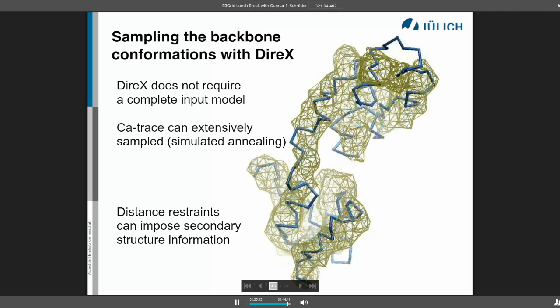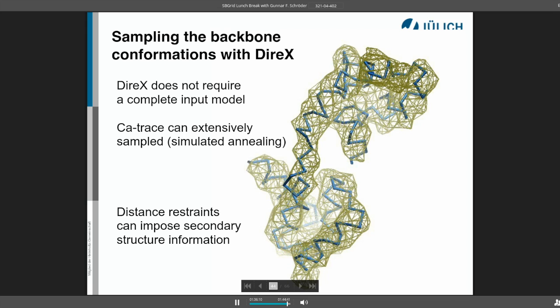But the nice thing is that DireX doesn't really require a complete model. It doesn't need a full atomic model. It can work with basically any type of input. In this case, we just used a C-alpha trace. We can add additional distance restraints to impose some secondary structure information and just refine the backbone trace very quickly into density.